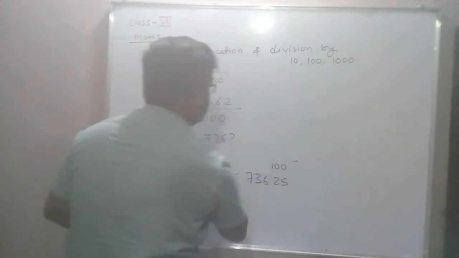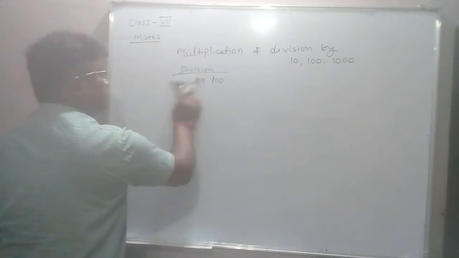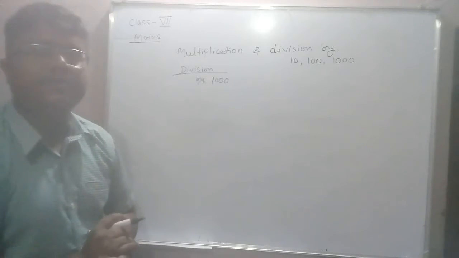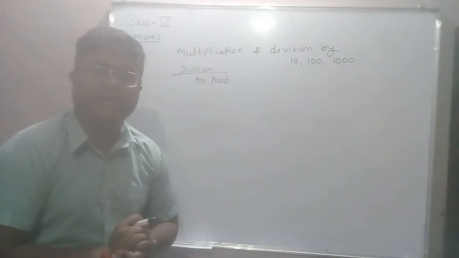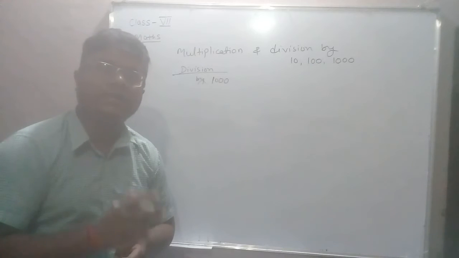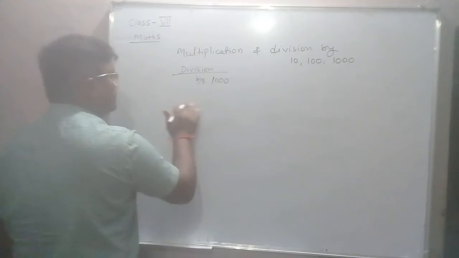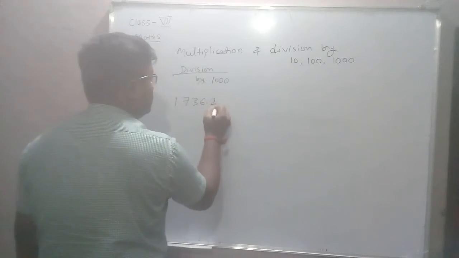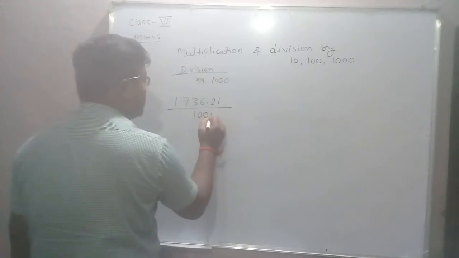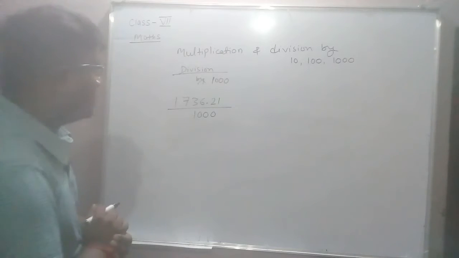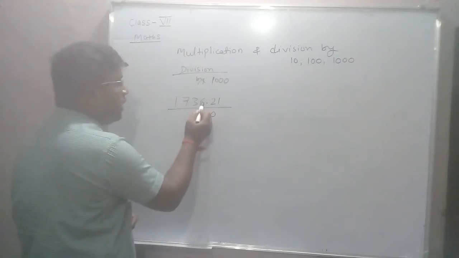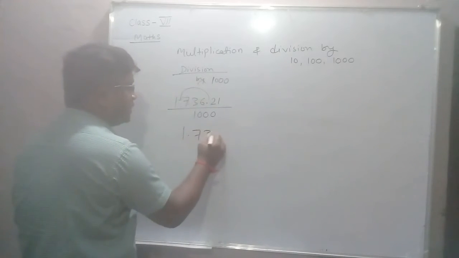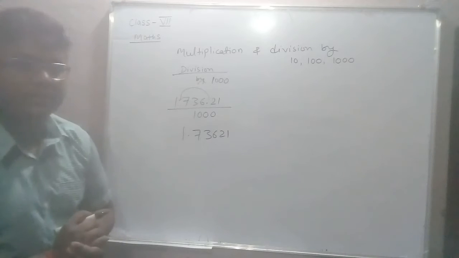Now let's see division by 1000. In case of division by 1000, we will shift the decimal place towards the left, after 3 digits. Suppose 0.21 divided by 1000 is here. 1, 2, 3, after 3 digits the decimal will be kept here.